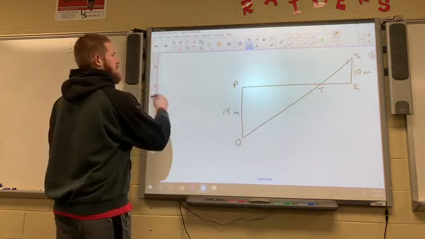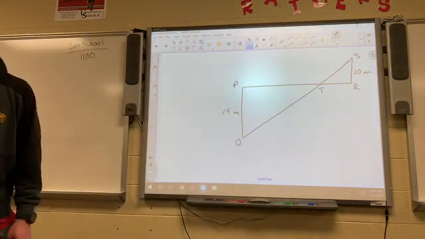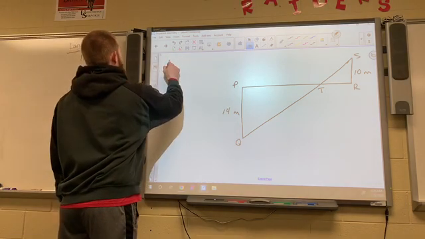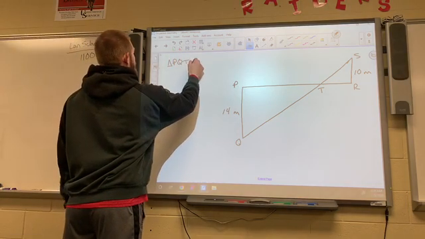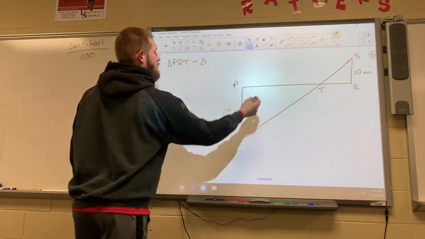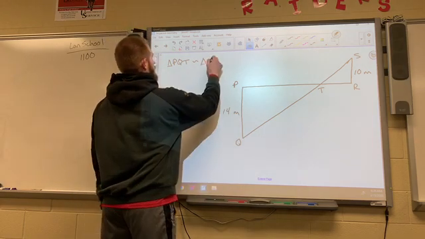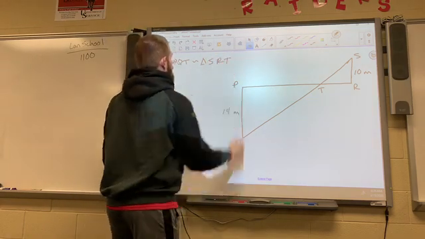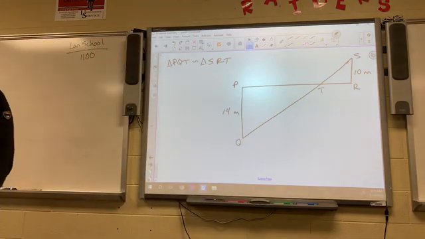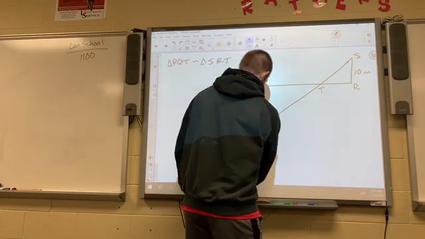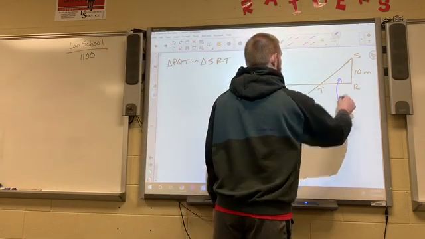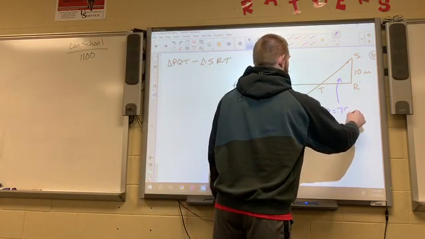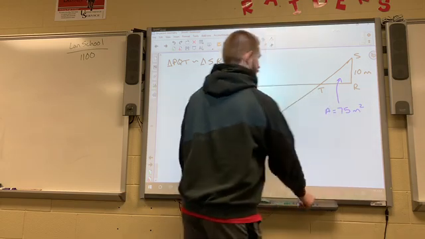Okay, they tell me that PQT is similar to SRT. So I know those triangles are similar, and the area of RST is 75 square meters.